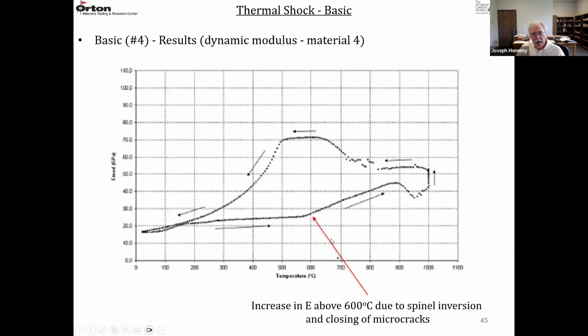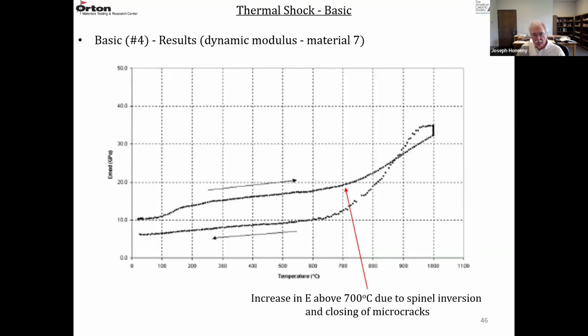Same type of behavior, probably closing of microcracks, giving rise to an increase in modulus, probably a solidification of the glassy phase and then opening of the microcracks. So E is definitely not constant with temperature. So again, it begs the question, which modulus value do you use, from what temperature, in calculating the R parameters? This is material 7.